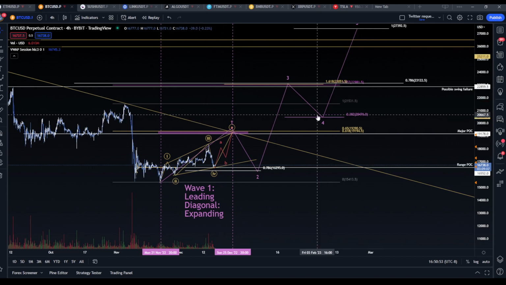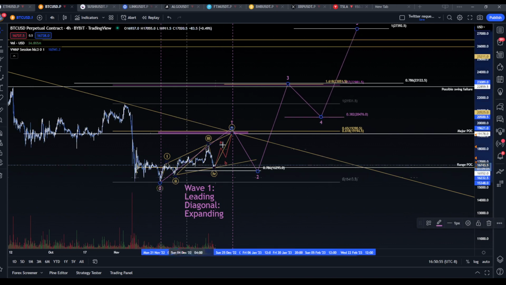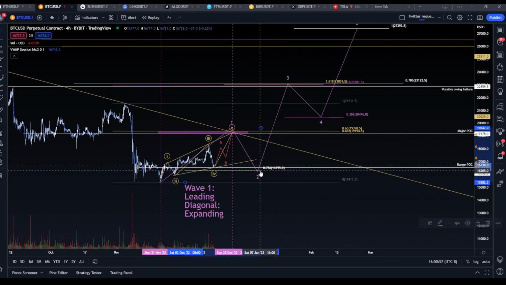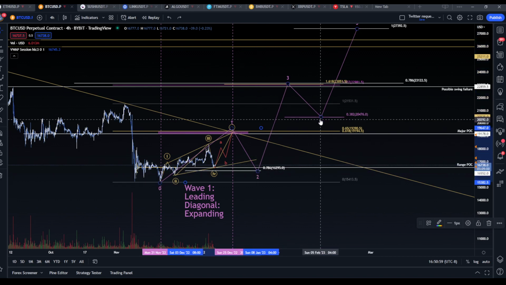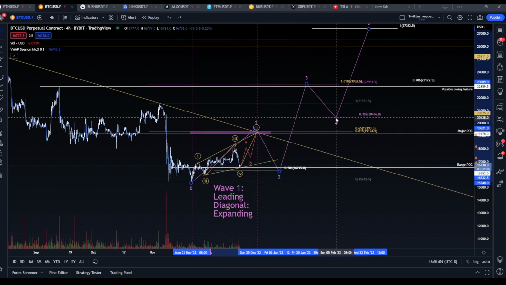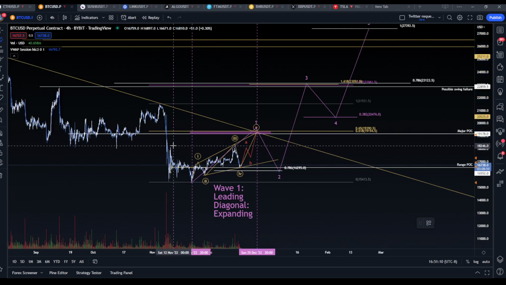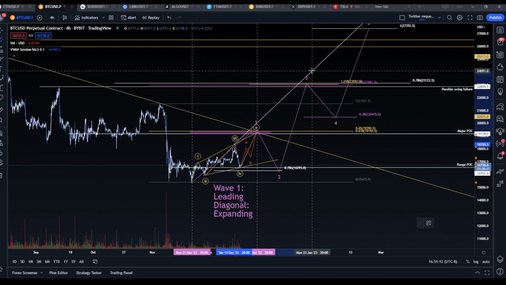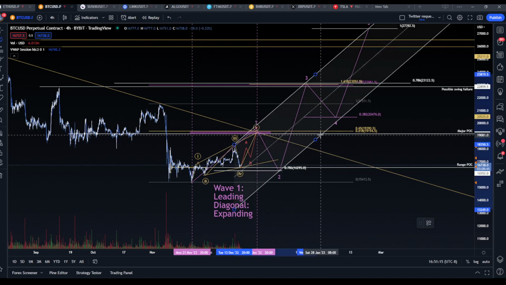So, then maybe we have a shallower retracement for wave 4. We've had a deeper wave 2 in this scenario. And maybe that comes in around the 382. I don't think it's too worthwhile to speculate on the wave 4 yet. But it would probably look something like that, and maybe we develop some sort of parallel channel idea that makes sense, right?